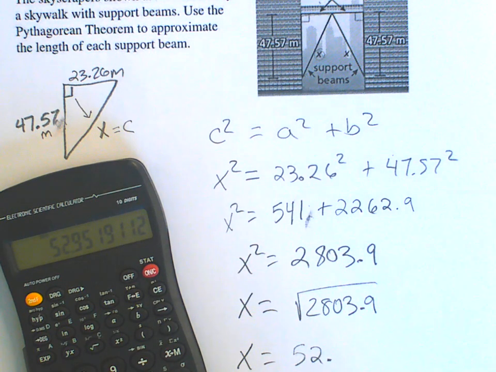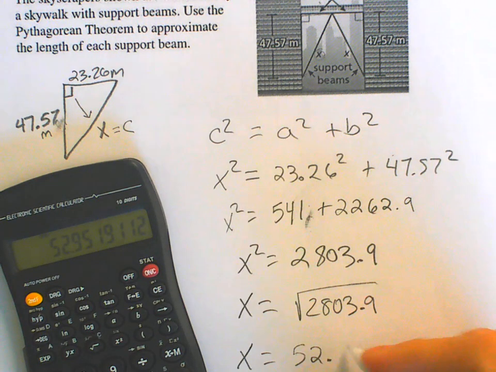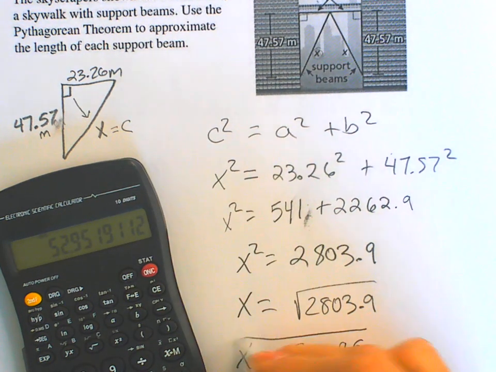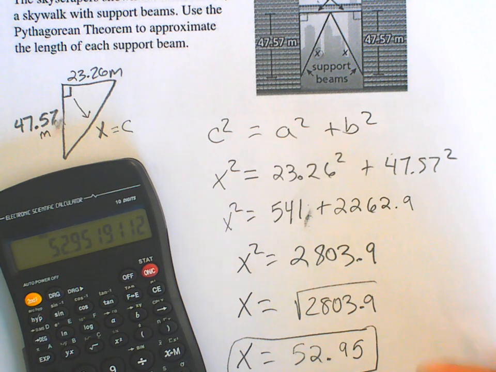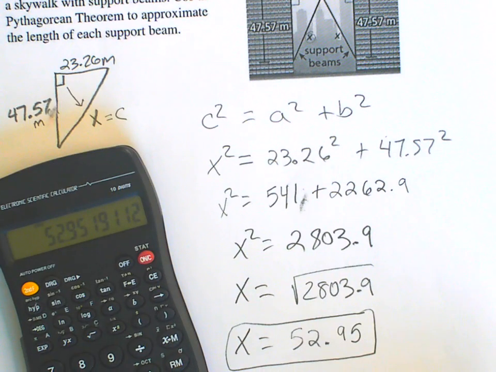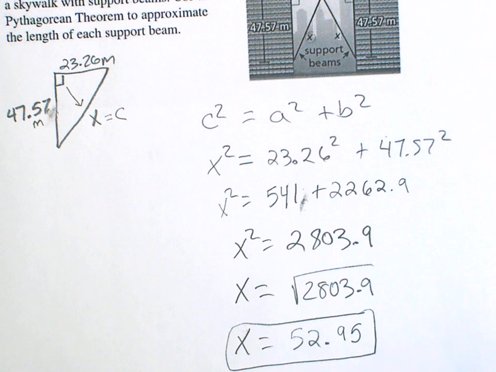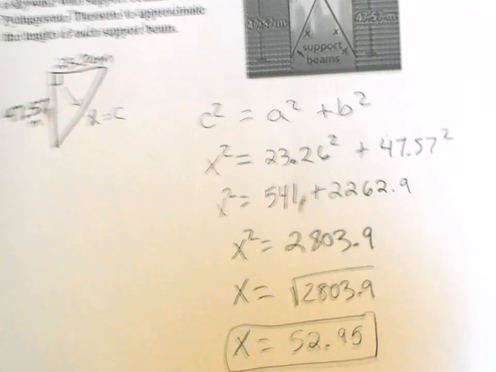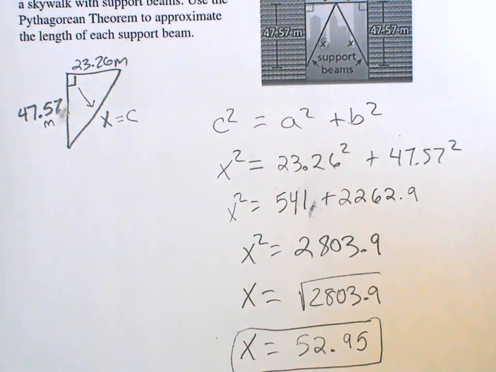Now it says 95. One of the things that I'm noticing here is that all these numbers are to the nearest hundredth, so I'm actually going to leave this to the nearest hundredth. Now, if your answer is a little bit off, it's okay. Pick the answer that is closest to the real answer. Okay, so that was example number 3.